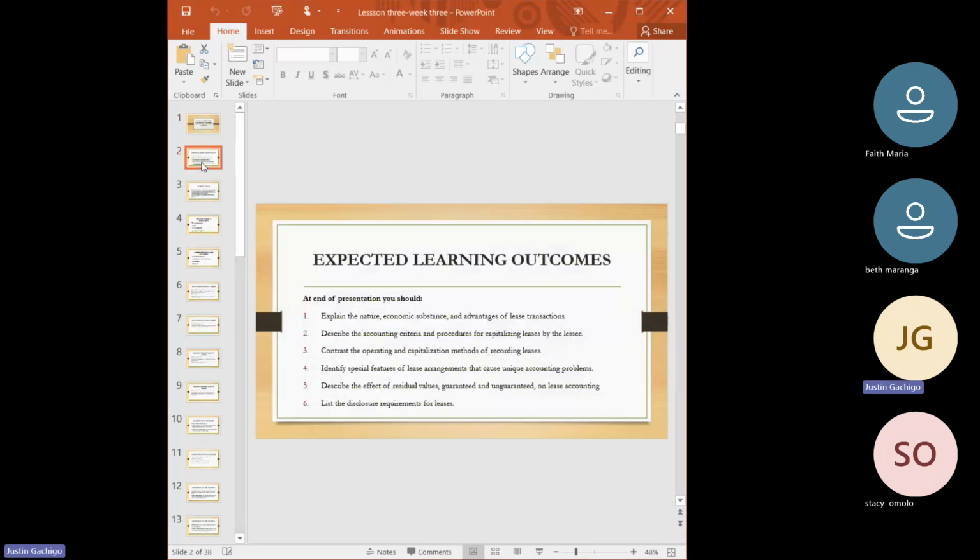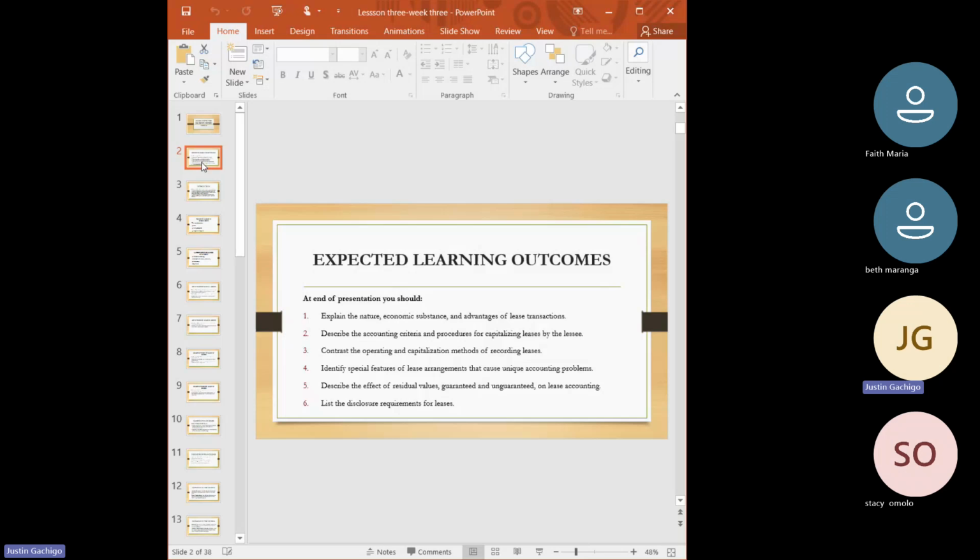So now the expectations from this topic will be, one, at the end of the presentation, you should be able to explain the nature, the economic substance, and advantages of lease transactions. You should be able to describe the accounting criteria and procedure for capitalizing leases by the lessee. You should be able to give a clear contrast on the operating and capitalization method of recording leases.